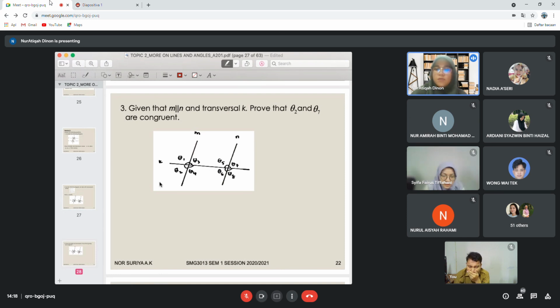Because sometimes when you do the proving, you can work backwards. I mean from what you want to prove, you go in reverse: what is the step before that? Whatever is easy for you, then you can do. Honestly, I like to write the statement first and then write the reasons.